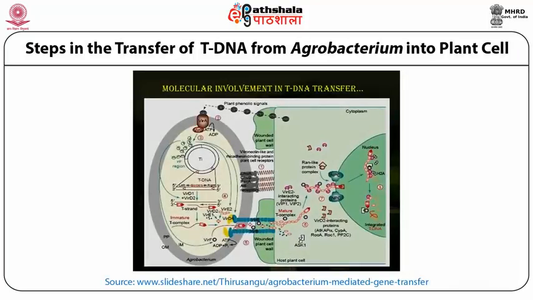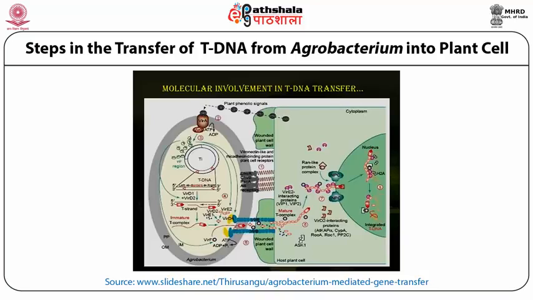Here this picture shows greater details of tDNA transfer from bacterium to plant cell. This picture contains the details which were explained in the previous slide, but with greater detail, where the attachment sites are shown.